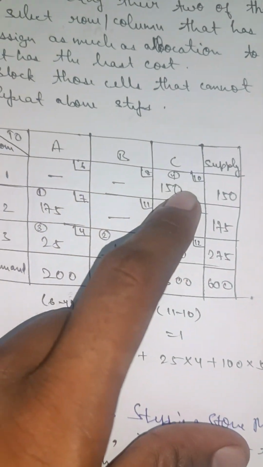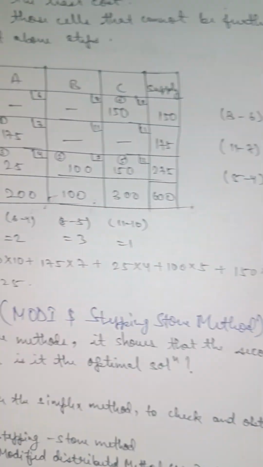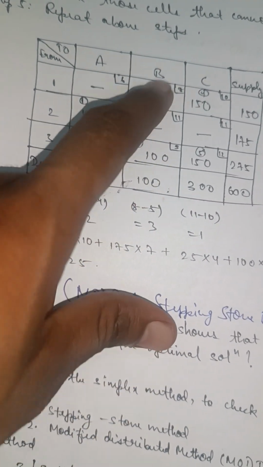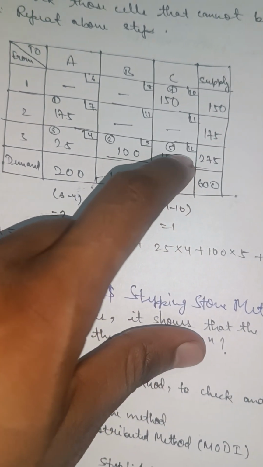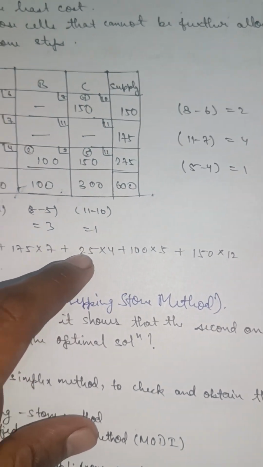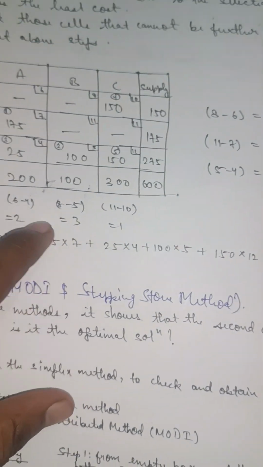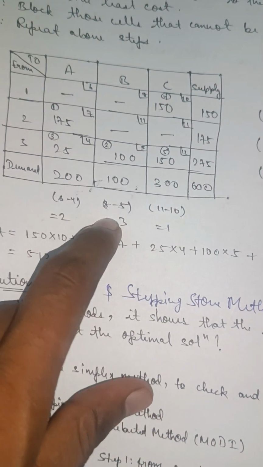So here again we have 2, and here we have 1, and in this we have 2 again. 8 minus 5, 3, and again here we have 12 minus 10, 2, and the highest value comes out to be 3. So 3 compared to the penalties in row-wise or column-wise, we have the highest 3.